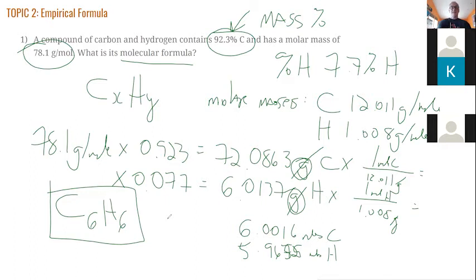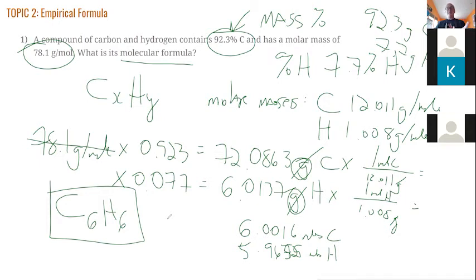So we could still figure out the empirical formula by taking this, instead of having 72.08, the precise amount of carbon. We would just say we have 92.3 grams of carbon and 7.7 grams of hydrogen.